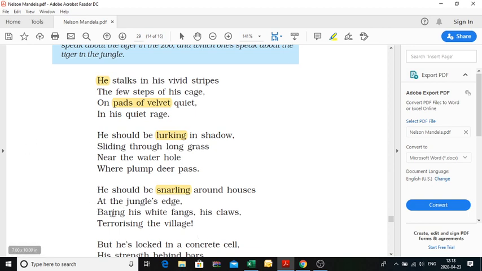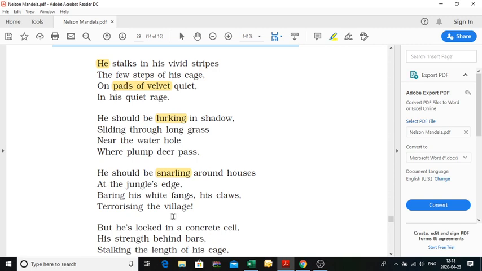To frighten them, he shows his white fangs and claws. Baring white fangs means showing the sharp edges of his teeth, and he shows his claws to scare the villagers, okay? So here he is terrorizing villagers. Got it? Let's move to the next.